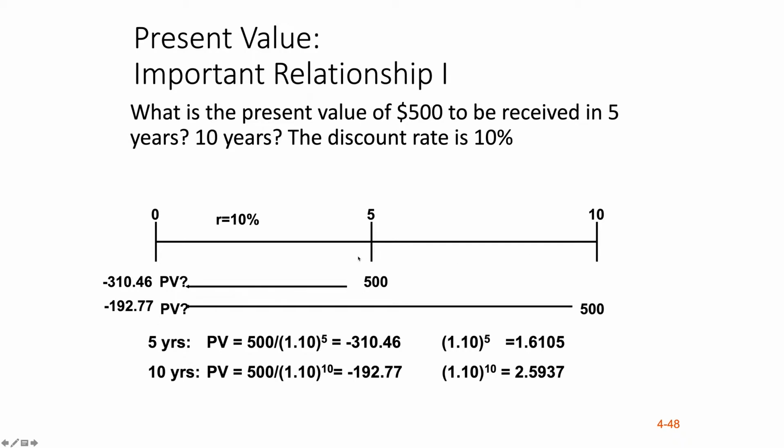In 5 years, you put 5 as your n, 10 as your interest rate, 500 as your future value. Solving for present value, it is 310.46. Now you put 10 as your n. Don't change anything else; the only change is increasing the number of periods. Solving for present value gives 192. That means the further away the cash flow, the lower the present value. It's an inverse relationship.